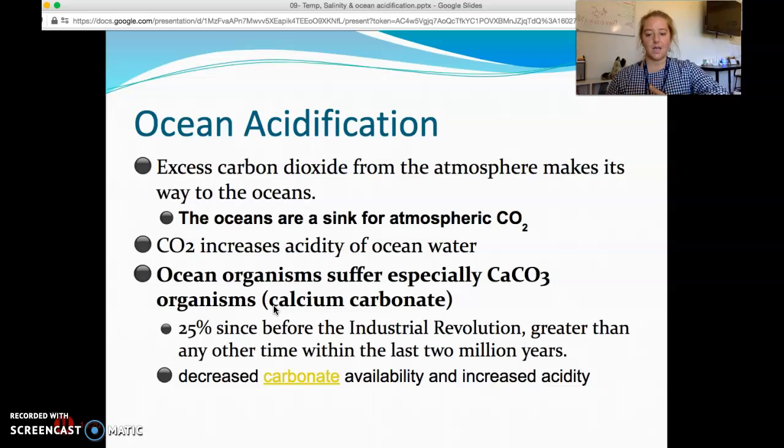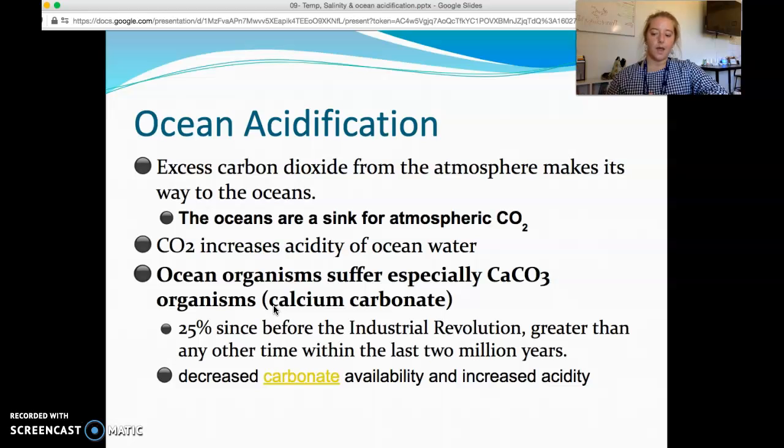Like dirty dishes and whatever else you might put in a sink. We call sinks in science things that hold elements. That's a little general, but that's what it is. It holds extra elements for us, kind of. And the ocean is something we call a carbon sink.